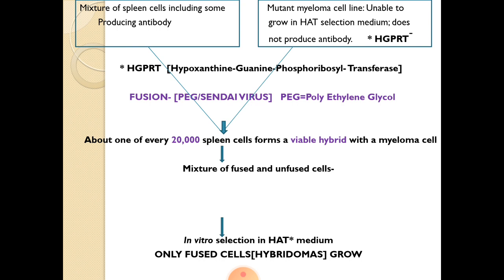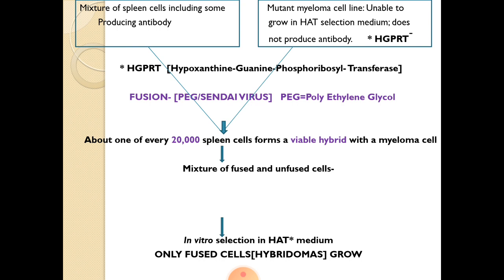These cells are cancerous cells, do not produce antibody, and at the same time they are mutants in the sense they are HGPRT negative. They cannot produce the enzyme hypoxanthine guanine phosphoribosyltransferase because mutation has occurred not to produce this enzyme.